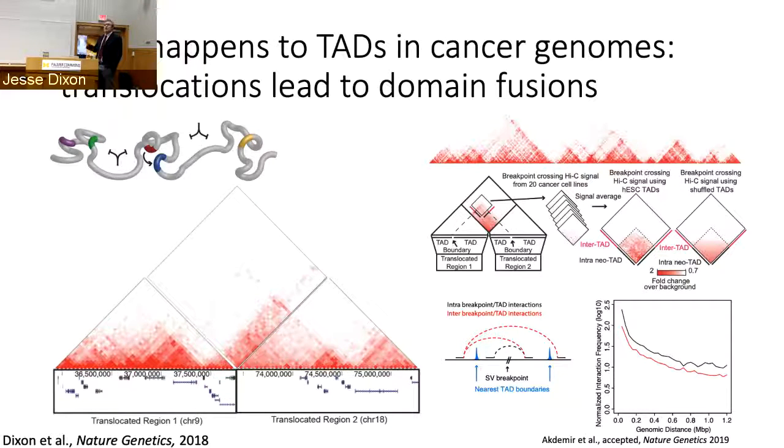That seems to be the general rule that we're observing in the data. These have been called neo-TADs or fusion TADs. So it's basically a novel TAD, a novel regulatory environment, we would say.